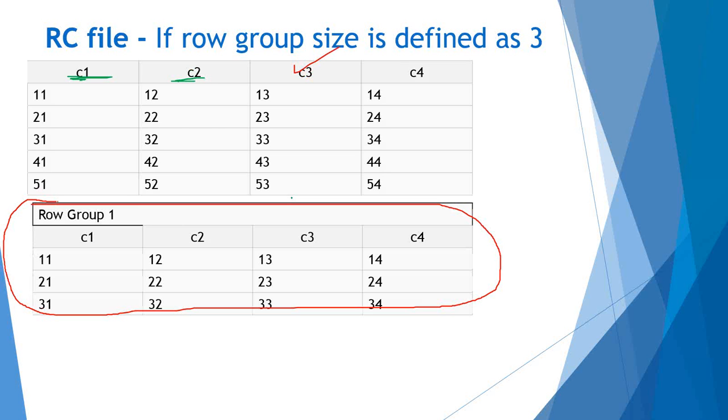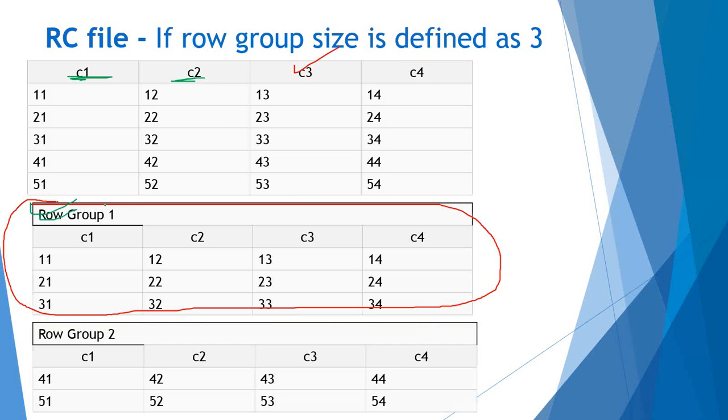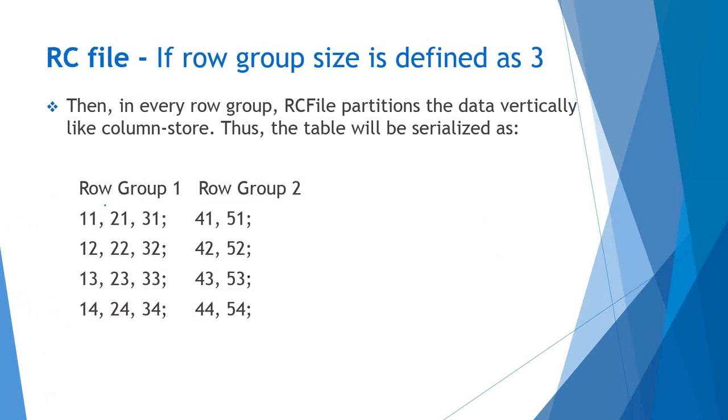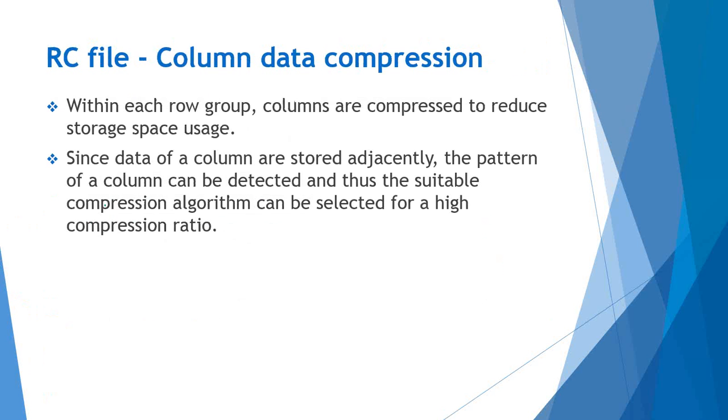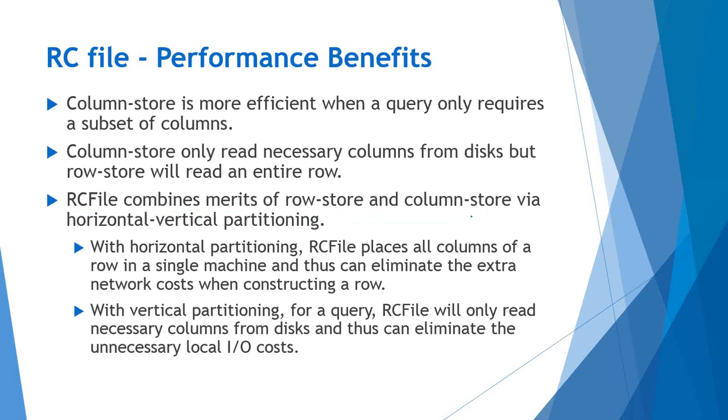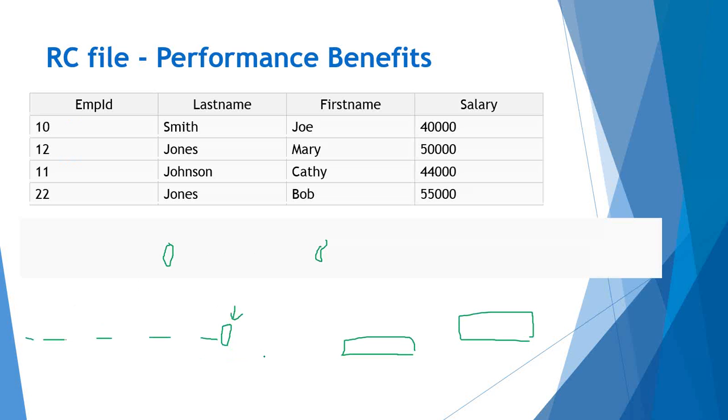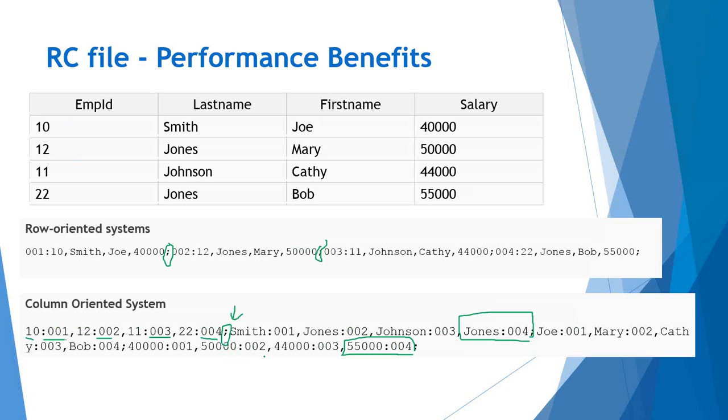So the row group size was nothing but these sizes. And this is how your data is stored. And the compression which I was talking about, the compression algorithm can be selected. So when I'm doing a query on a particular column, my seeking cost is very less.